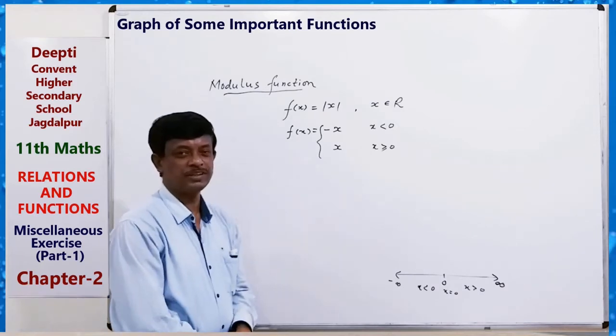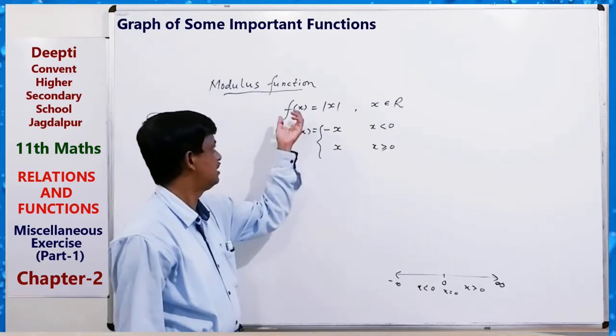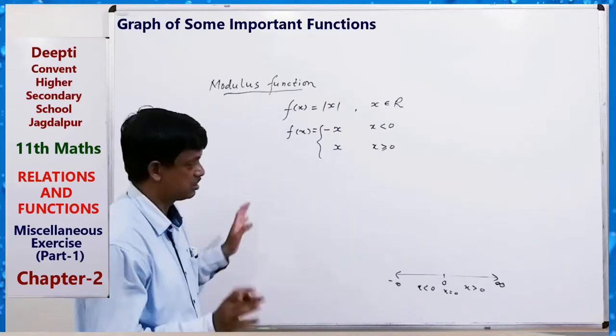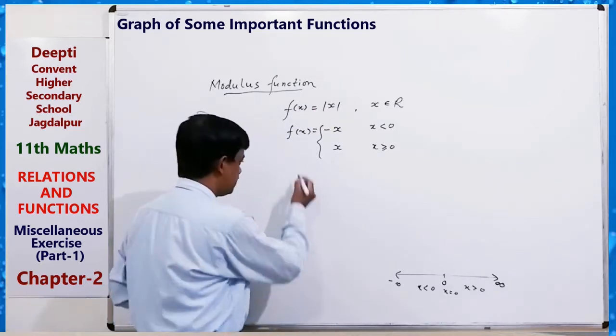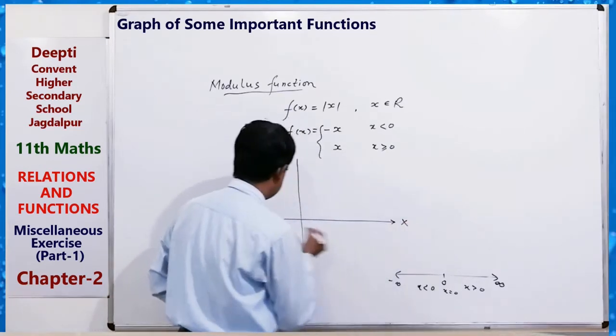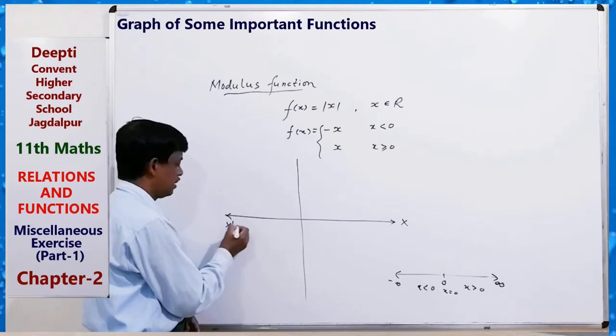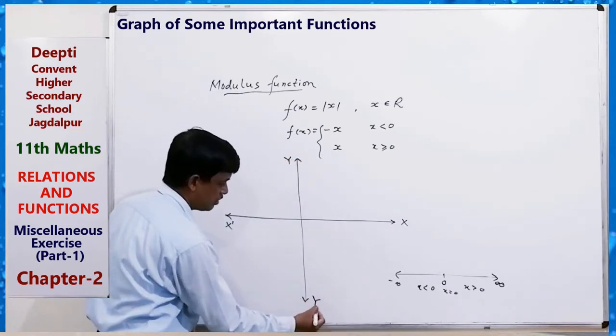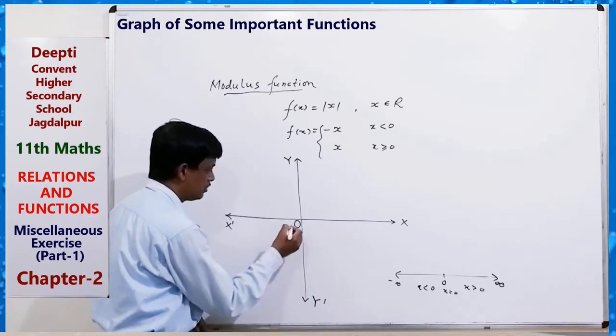And what will be the range? Because it always gives a positive value, the range is the set of all non-negative real numbers. Its graph is like this. Here the x-axis and here the y-axis. This is the origin.